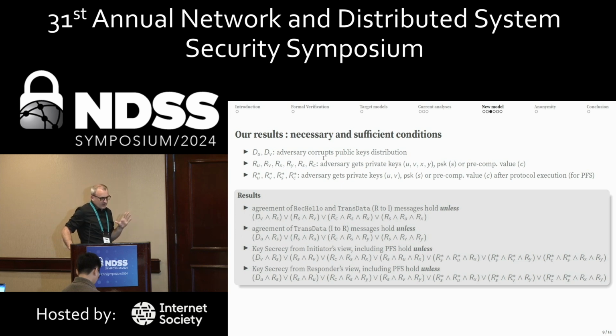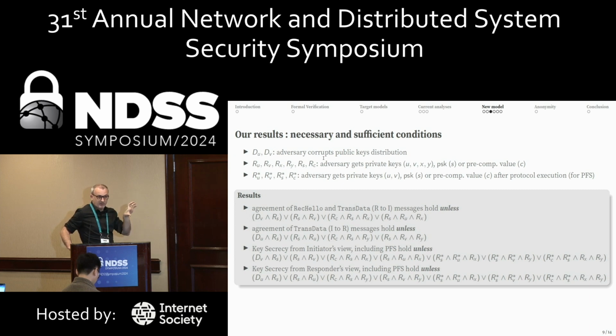And this is the result you obtain for the agreement and key secrecy properties. To read this, for instance, if you focus on the first property, agreement of the Rec Hello messages, and look at the second pattern, NRS and RV, it means that the agreement of the Rec Hello message holds unless the adversary has read access to the PSK S, so the pre-shared key, and read access to the private key of the responder.